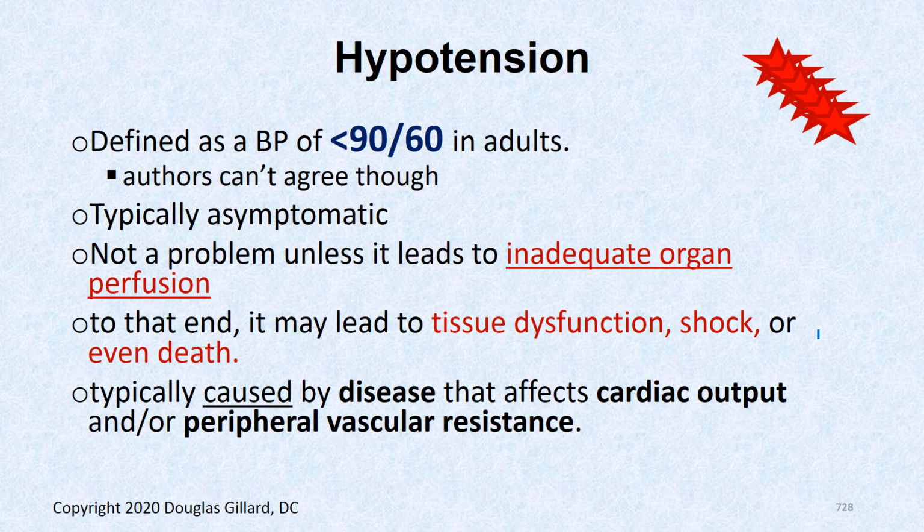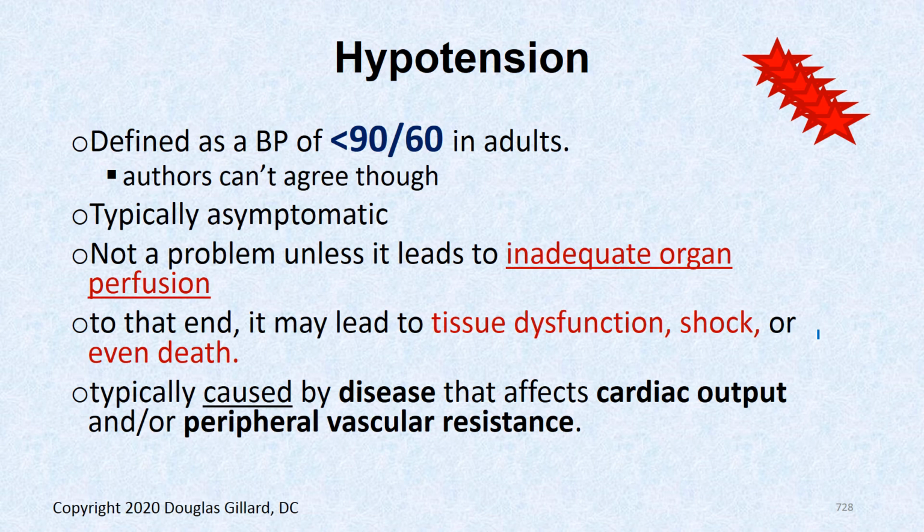What's hypotension? So authors are all over the place, but the best Robbins and the board books say anything under 90 or anything under 60 is hypotension. And there's some of you listening who have blood pressure where one of those numbers is lower than that. There's athletes who have pressure lower than that all the time.